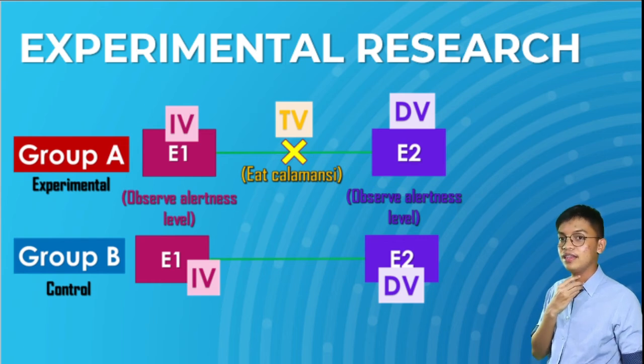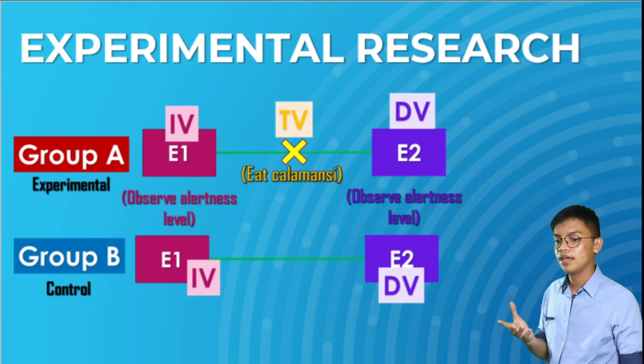So she divided her class by section or randomly. So one group A is experimental, group B is control. In experimental research, or in the first group, she tried to test first their initial alertness level. And then she found out that it's low. Naku, bored sila. Very sleepy.